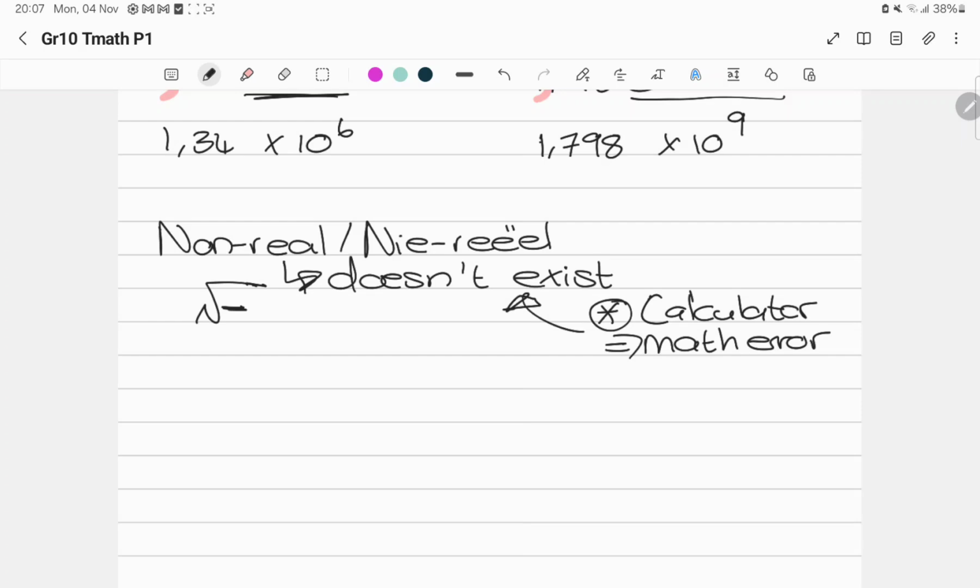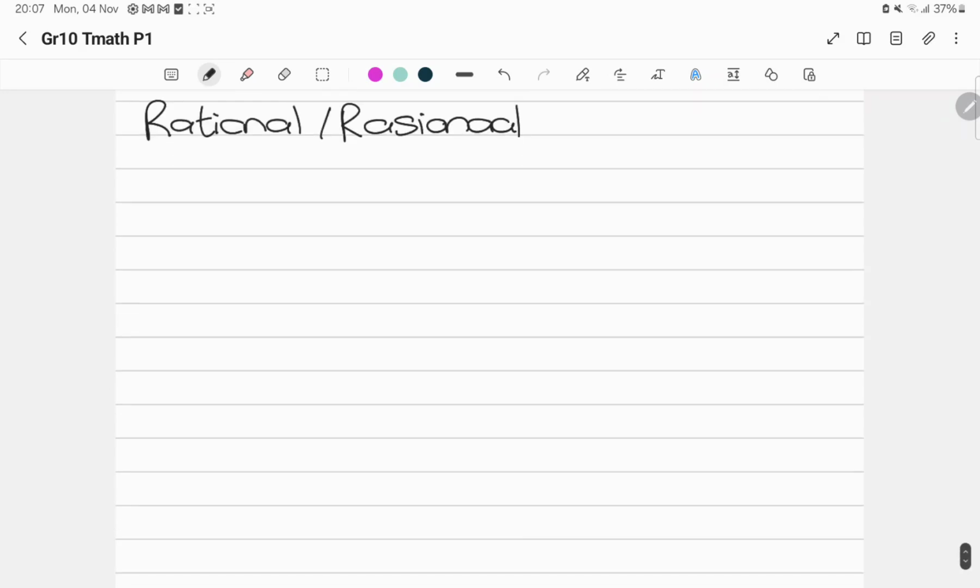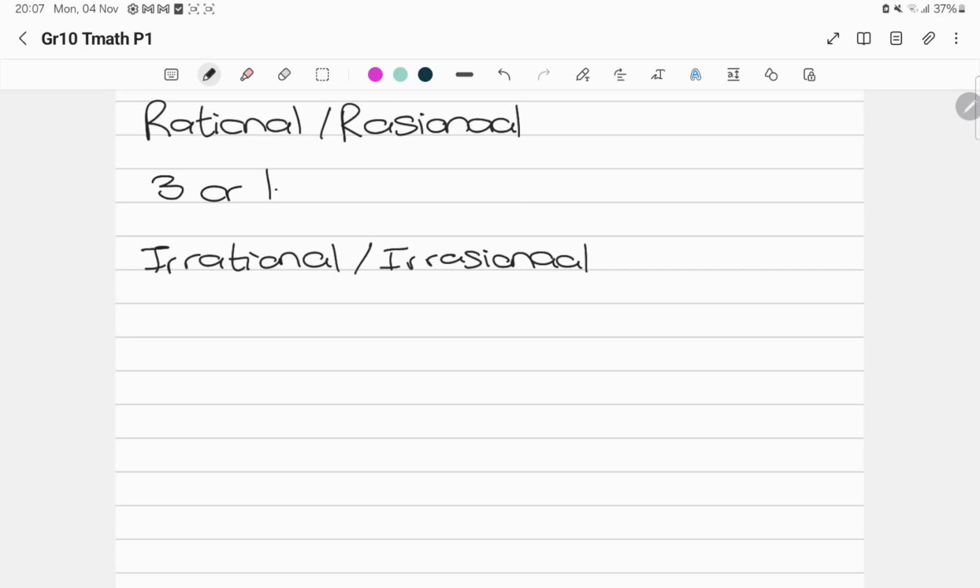Then the one you love getting confused between is a rational number and an irrational number. So 'n rasionele getal en 'n irrasionele getal. Okay, so rational versus irrational number. The main difference is a rational number has 3 or less decimals.